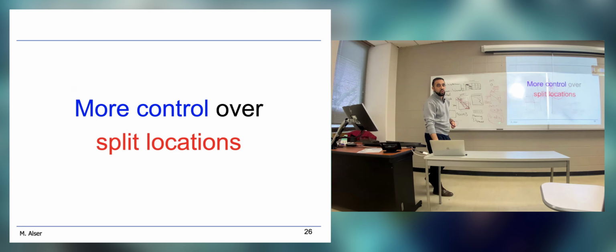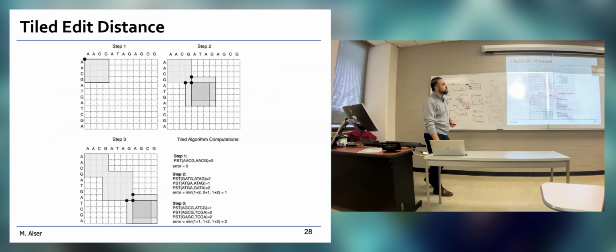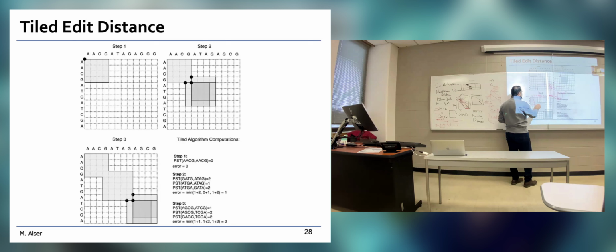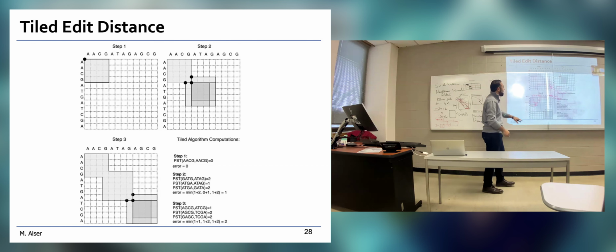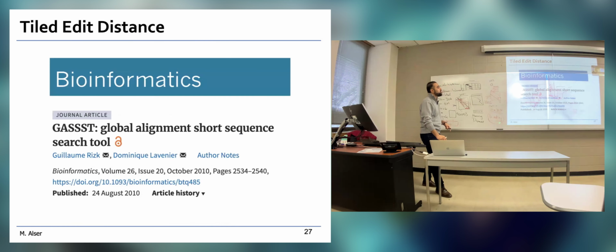Rather than always fixing it to the center, you would have 2 parameters: the width of the cell, assuming this is always square, so this is the width, which is equal also to here, and the overlap, which is O. So what is the overlap in here? That is the size that is going to dictate how many cells you could overlap these two. And that is with this paper called GAST.